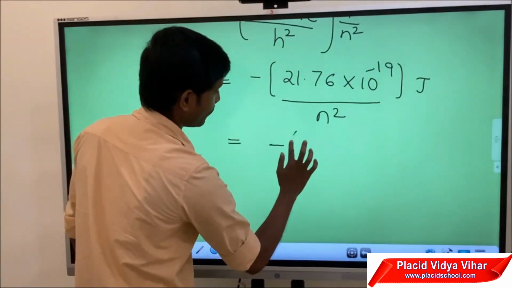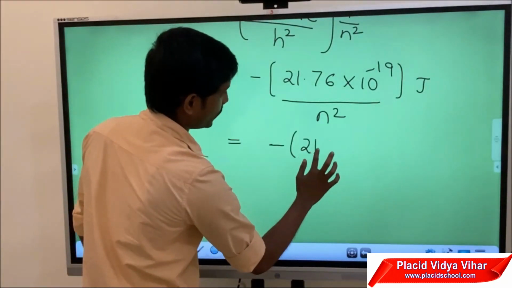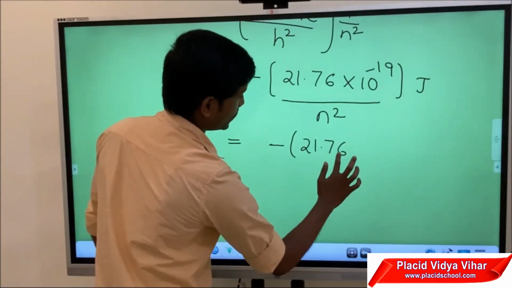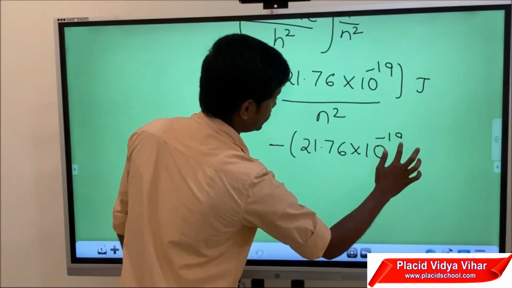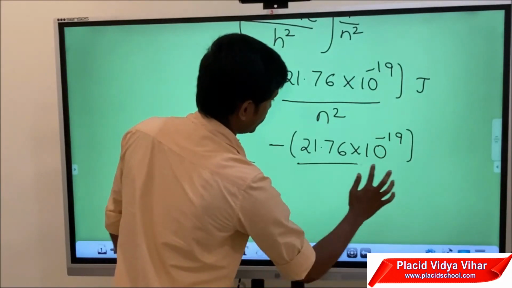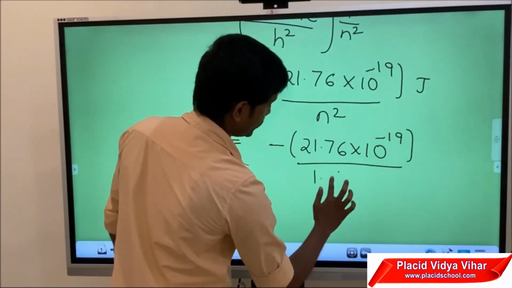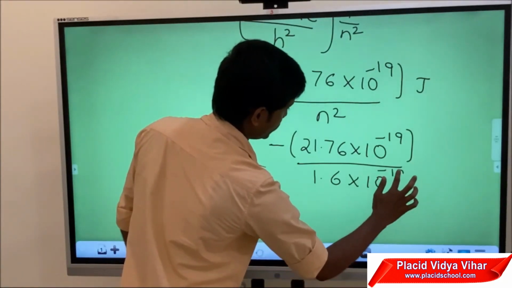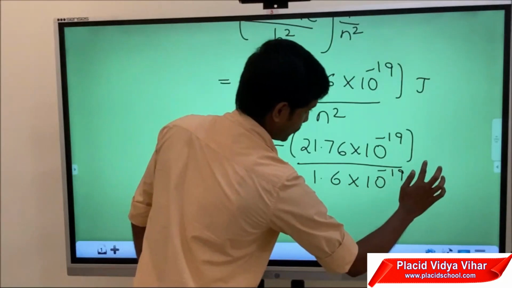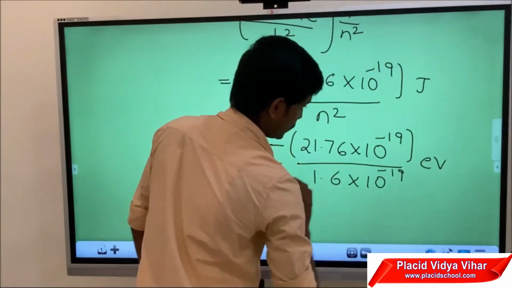So minus 21.76 into 10 to the power of minus 19 by 1.6 into 10 to the power of minus 19 electron volt.